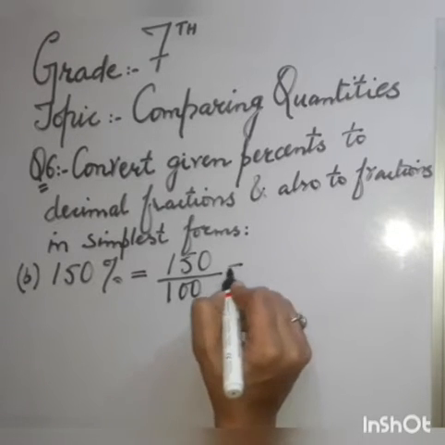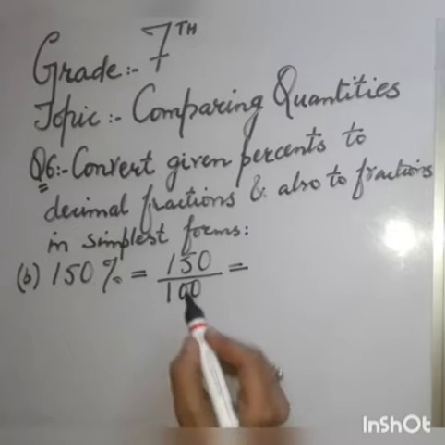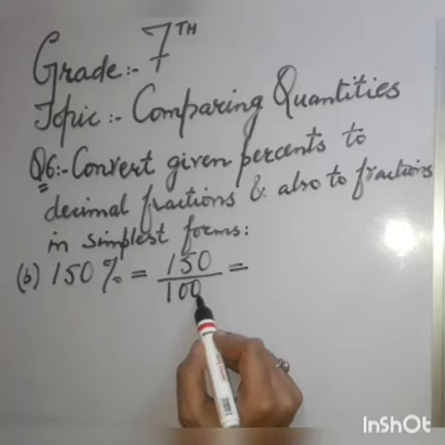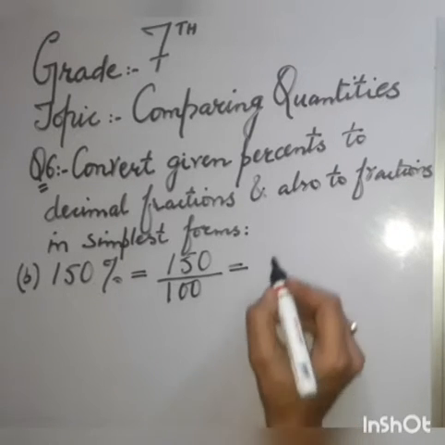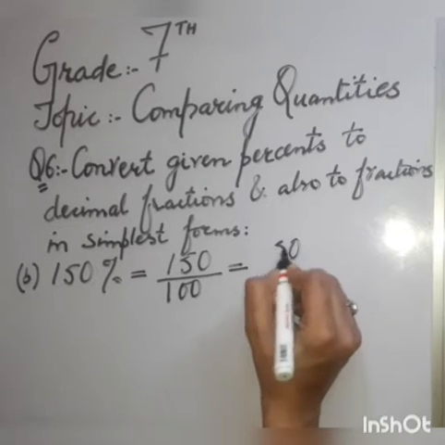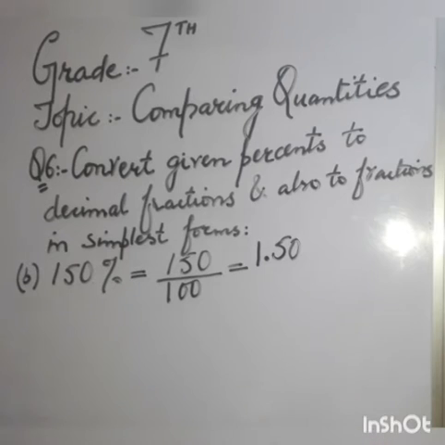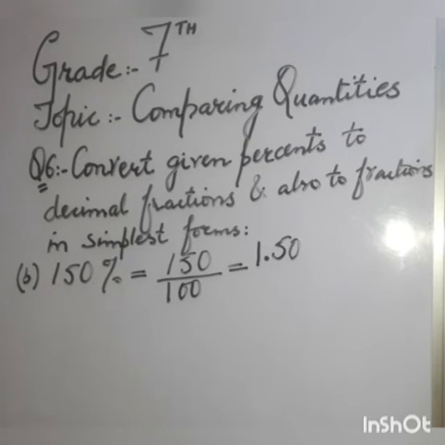Now, converting this fraction into a decimal fraction, we have two zeros in the denominator, so in our decimal fraction we will have two decimal places. That means we'll put the point before this 5. So 1.50 is the decimal fraction form of this percent.